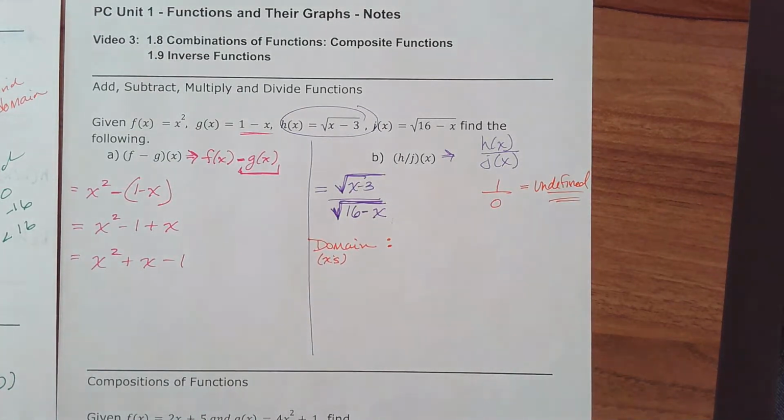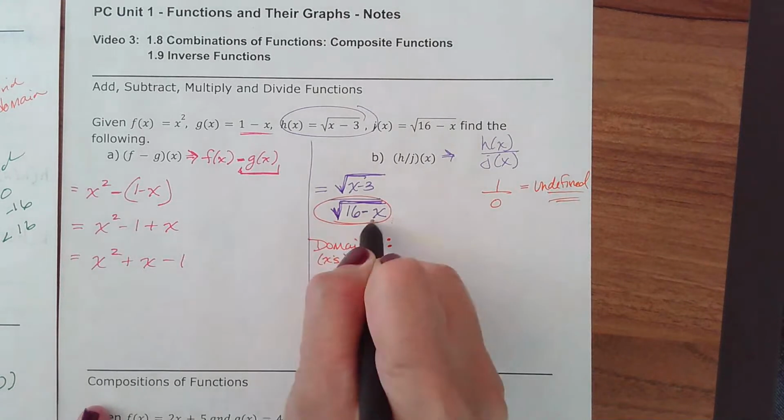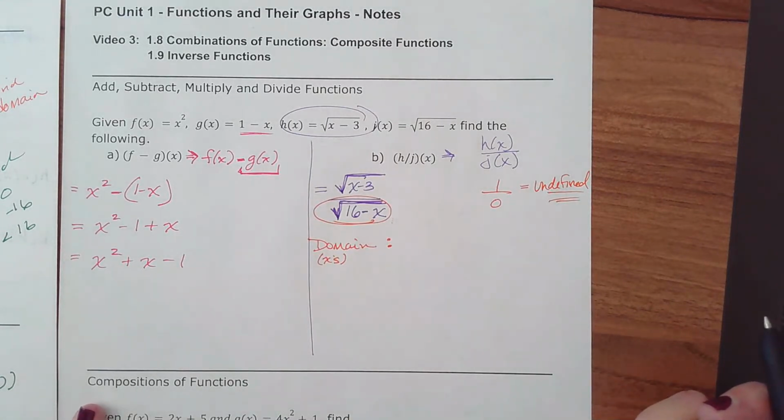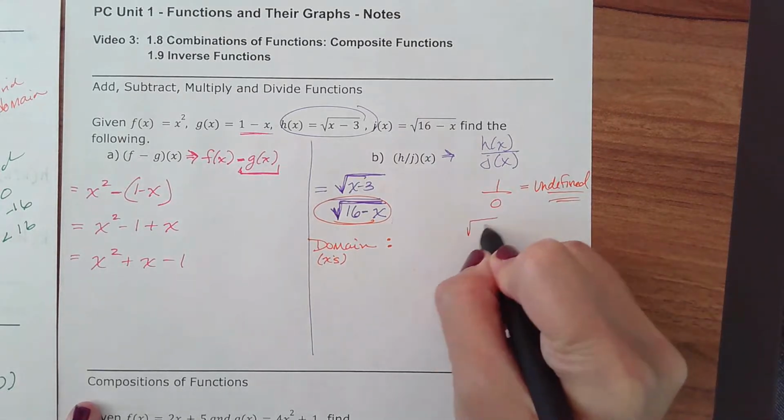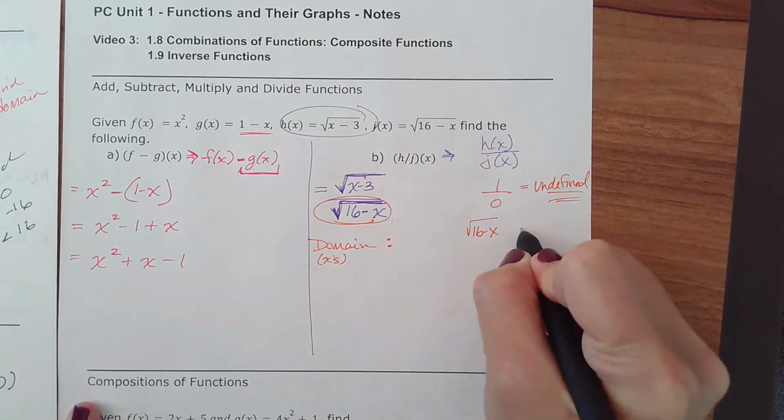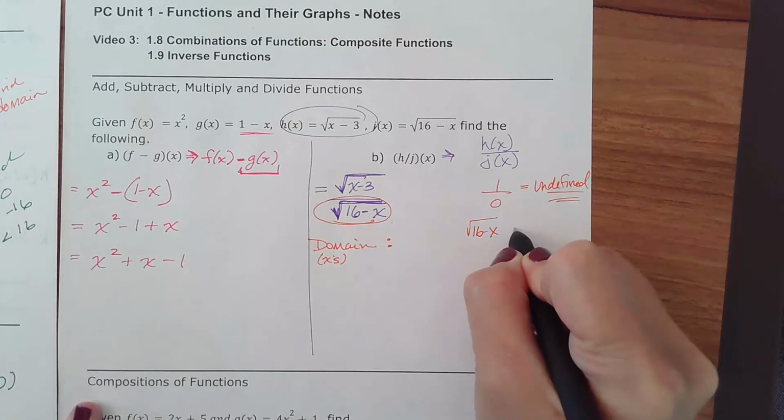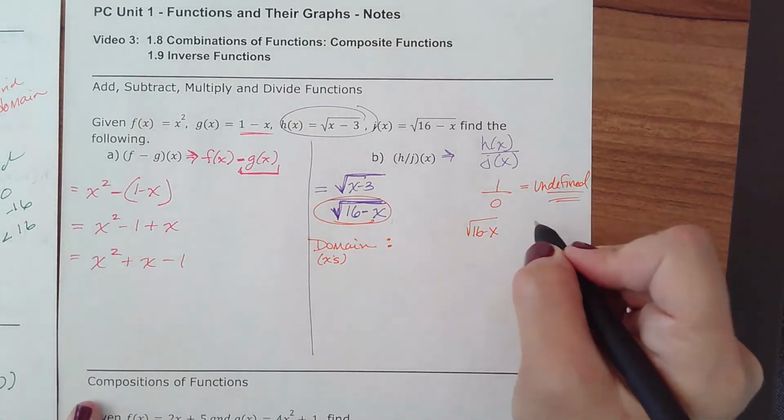How you decide is you look at this denominator. In this case, it's the square root of 16 minus x. You want to know when this function is equal to 0.